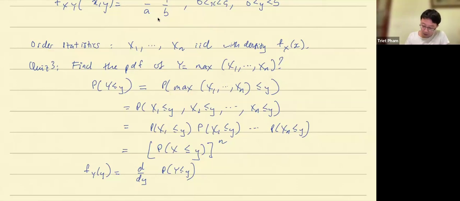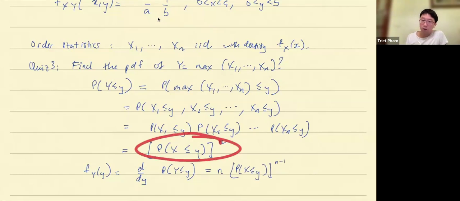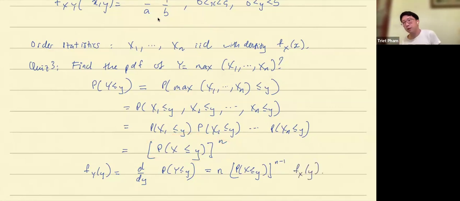Well, what will we get when we do that? We will get, using the chain rule, that's the outside. The inside will be the density of x. Any question?